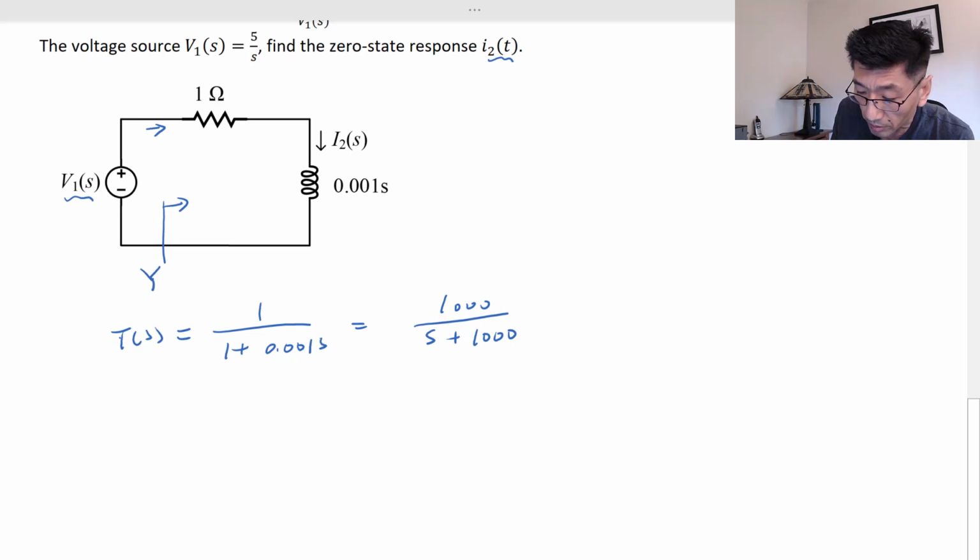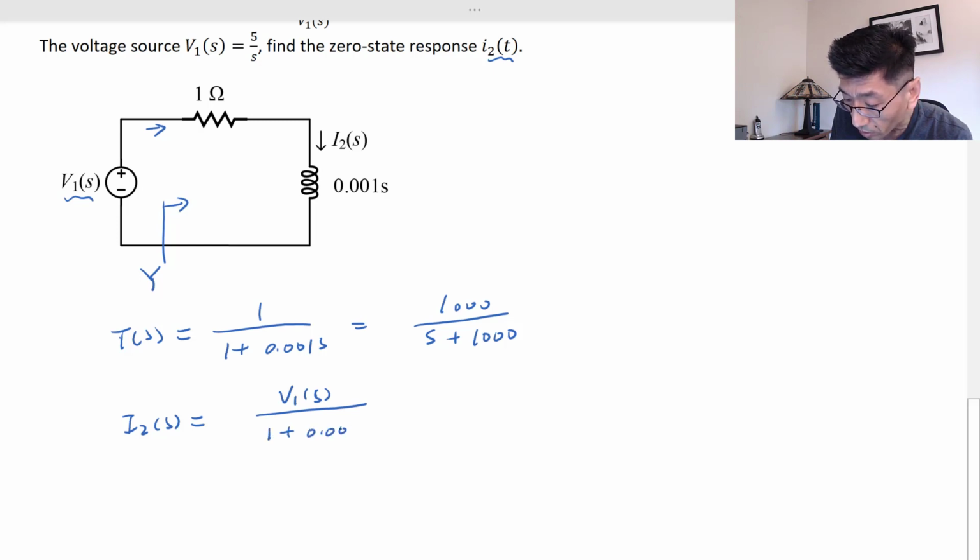Or alternatively, you can just solve for I2, treating V sub 1 as the input, as the known, right? So in this case, we know I sub 2(s) is just equal to V sub 1(s) over 1 plus 0.001s.